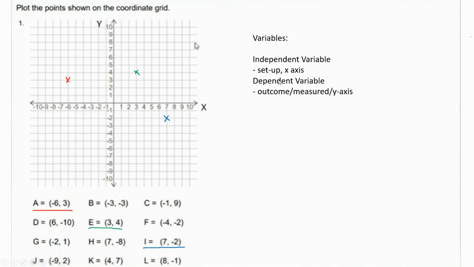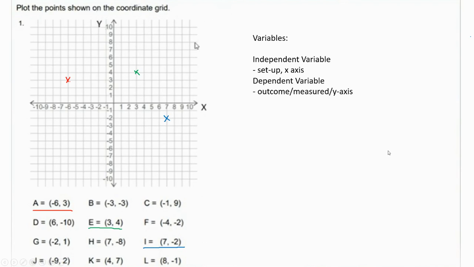So that's the outcome. The independent variable is part of the setup. You decide that, and that traditionally gets put on the x-axis, whereas the dependent variable is part of the outcome. It's the thing you measure, and it goes on the y-axis. So y-axis being here, x-axis being that.